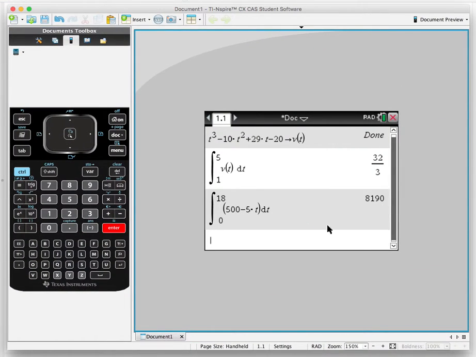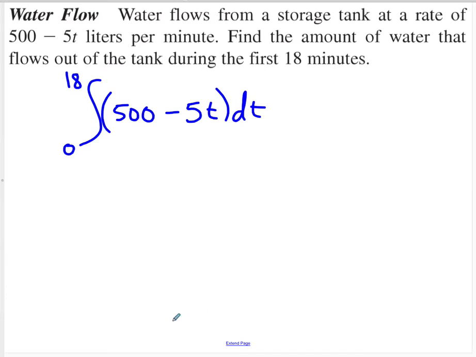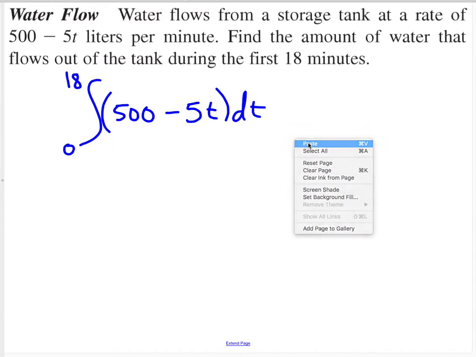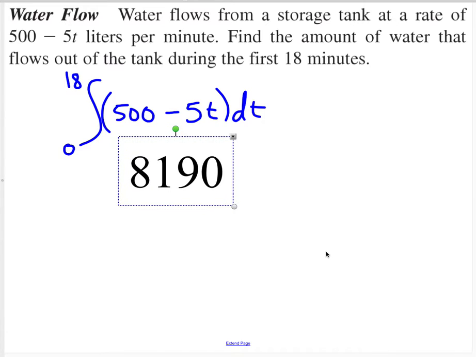So we get 8,190 is our answer. And that is in liters. All right, so 8,190 liters flow out of the tank during the first 18 minutes.